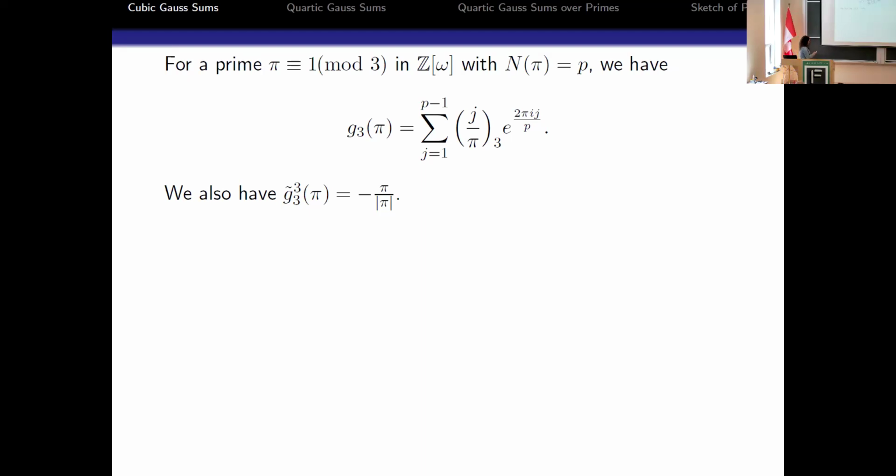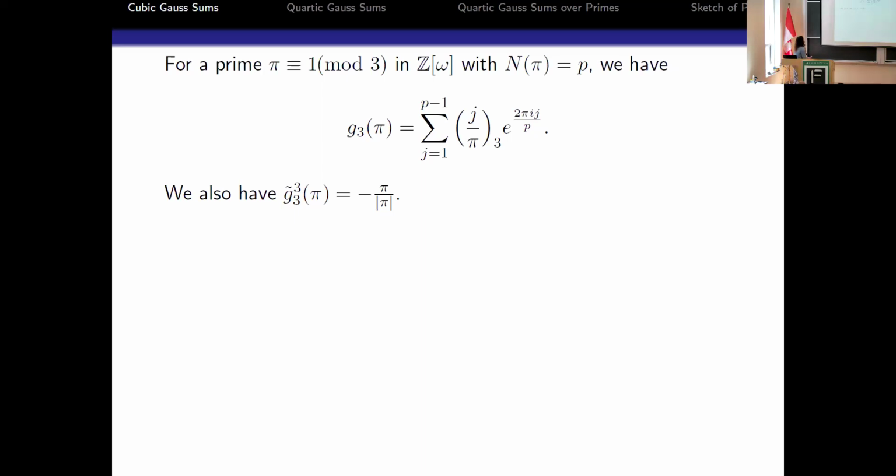And so the Gauss sum associated to this prime element π can be written as such. One can verify that. And if you remember that formula at the end of the previous slide, if you specialize it to c equals π, you get that the cube of the Gauss sum associated with π is minus π over the absolute value of π.